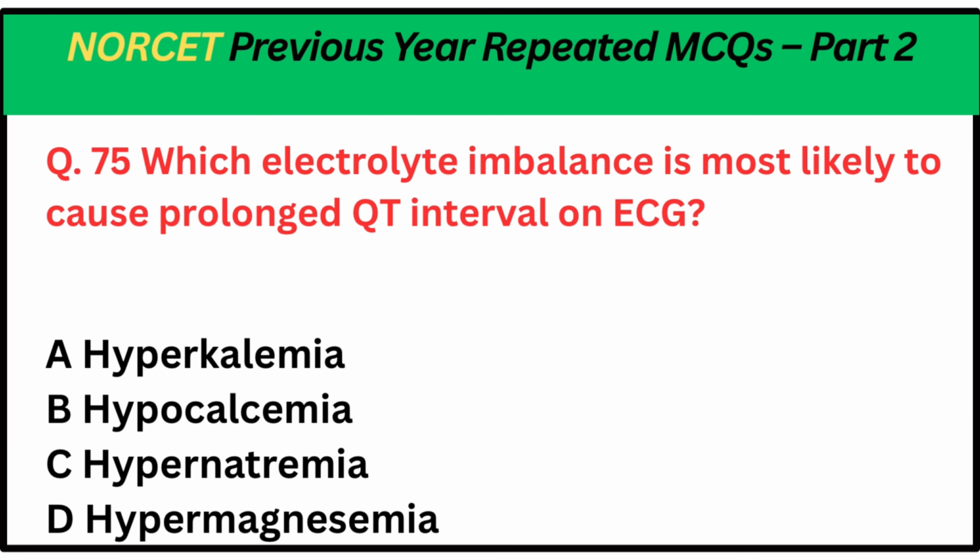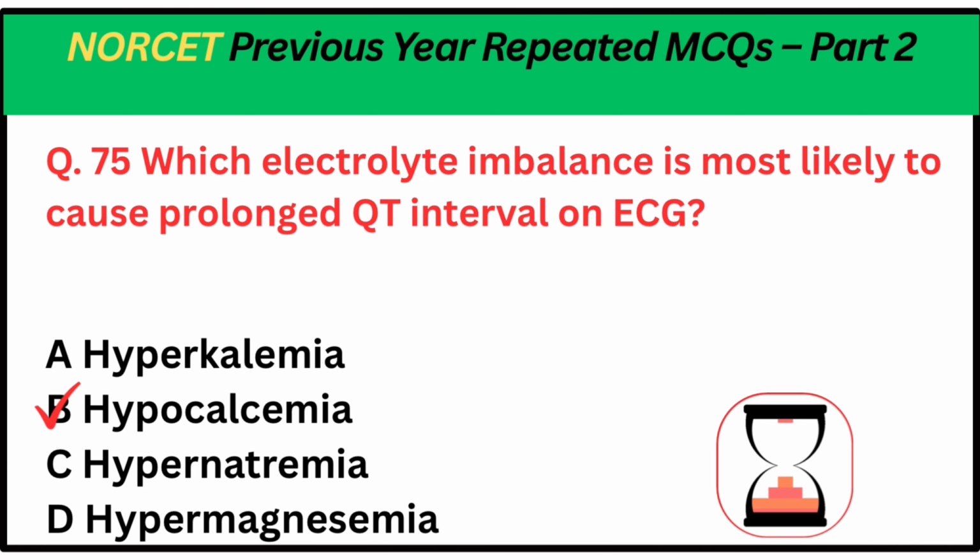Which electrolyte imbalance is most likely to cause prolonged QT interval on ECG? Your correct option is option B, hypocalcemia. Moving to the next question, question number 76.